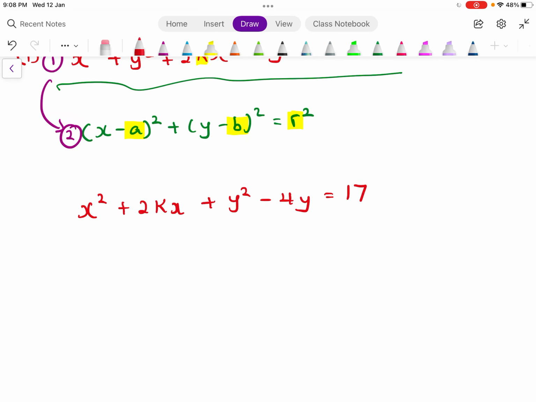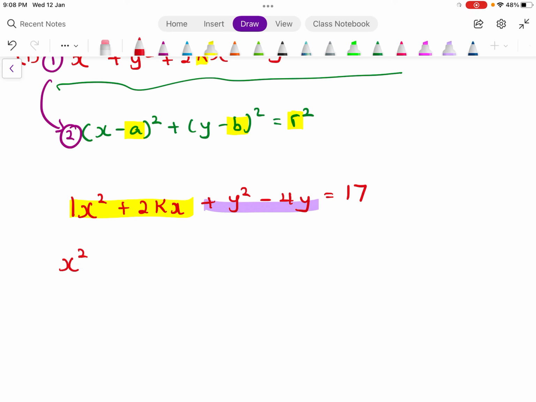Okay, after that, you need to complete the square for both your x and your y. This one is a bit of E-maths also. Okay, before you complete any square, you must ensure one thing, that your coefficient of x squared is 1. Okay, so after determining this, you complete the square.